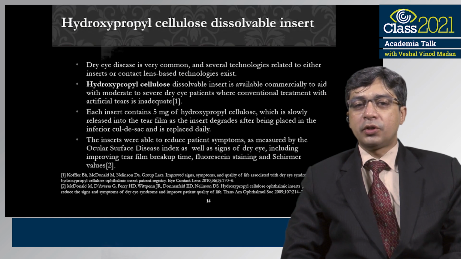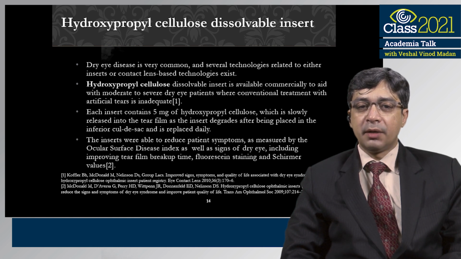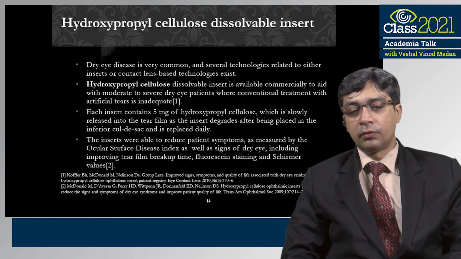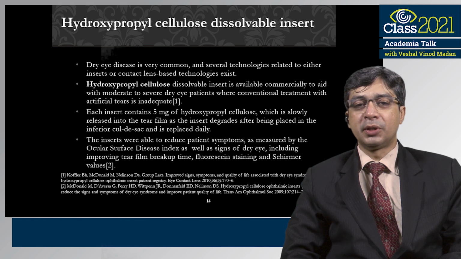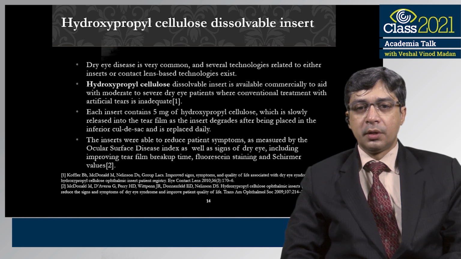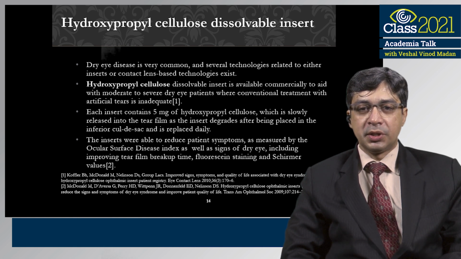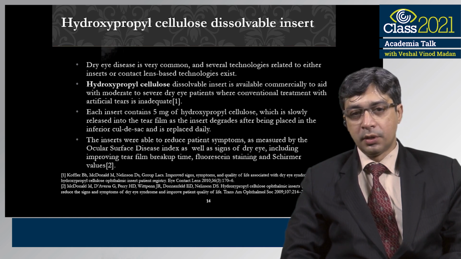Hydroxypropyl cellulose dissolvable inserts were known previously, and they are now used more with the addition of carboxymethyl cellulose, a better naturally occurring lubricant, which can be used in moderate to severe dry eye patients, and as a treatment after conventional artificial tears are found to be inadequate.